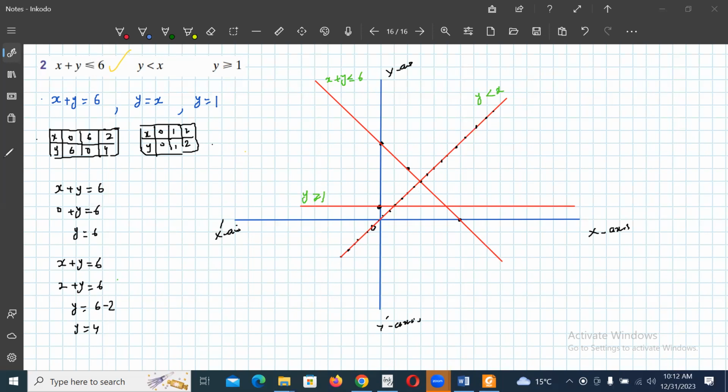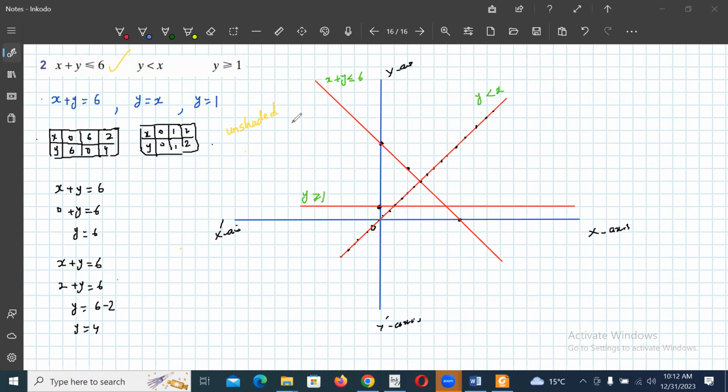So now let's see how to show the unshaded part. For example, you are checking y greater than or equal to 1, that means the shaded part is up, but we are looking for unshaded. Remember that we are looking for unshaded.